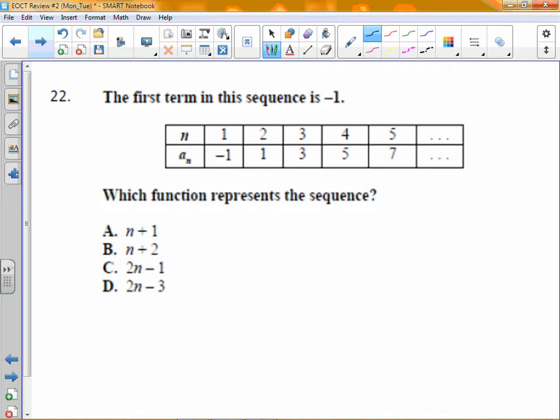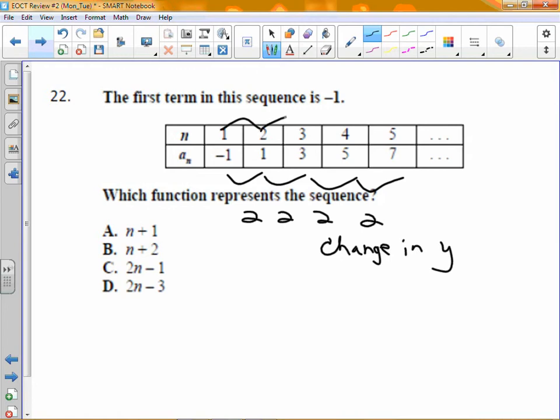2 times 3 is 6. 6 minus 3 is 3. 2 times 4 is 8, minus 5 is 3. 2 times 5 is 10. Minus 3 is 7. I also want you to notice this, guys. Look, the rise, which is the change in y, over the run, which is the change in the x values.